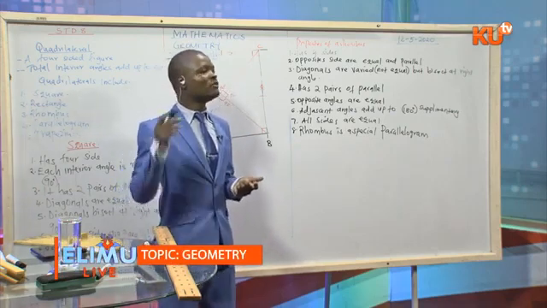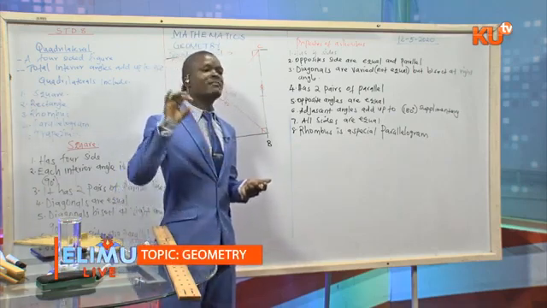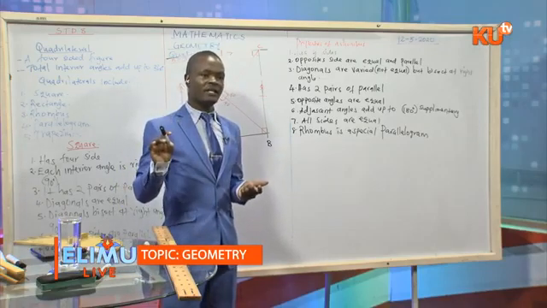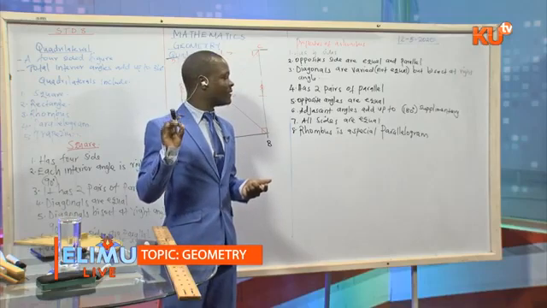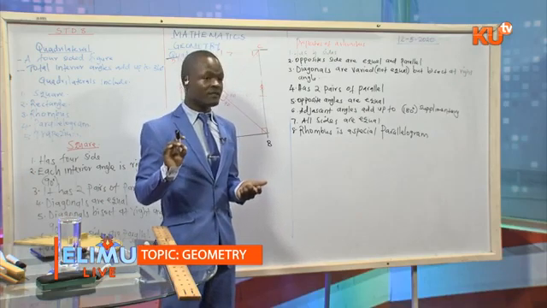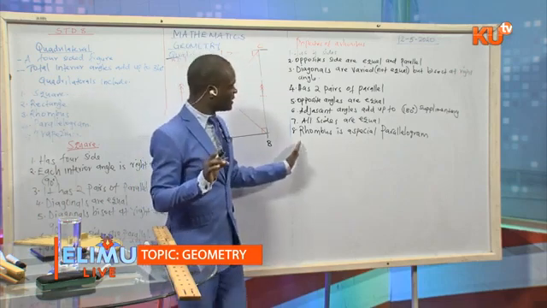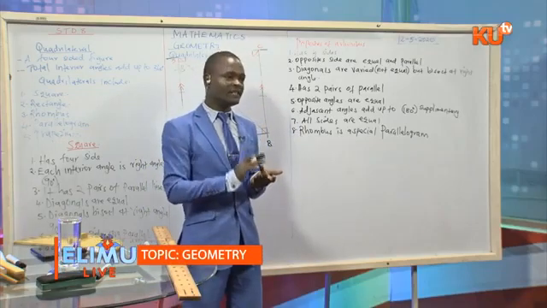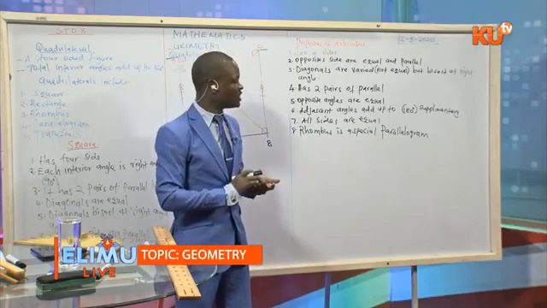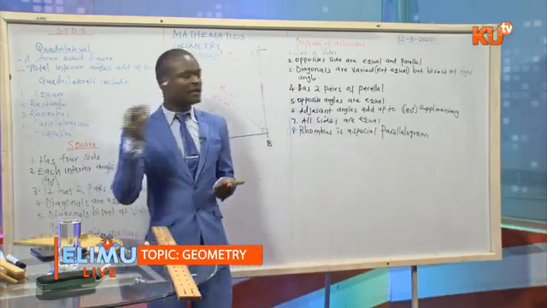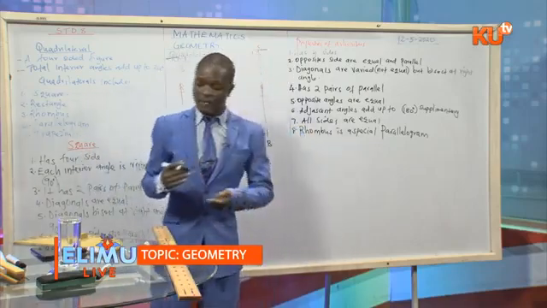It will be wrong to say a parallelogram is a special rhombus. It will also be wrong to say a parallelogram is a special rectangle. That is very, very wrong. So make sure you understand that rhombus, square and rectangle are all special parallelograms. The vice versa is not true.